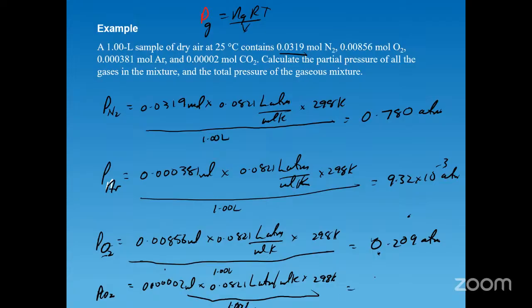And let's see what that gives. 0.00002 times 0.0821 times 298 equals, okay, so according to my calculation, this works out equal to 4.89, actually 5, because it's 1/6 for the 0.0002. So let me correct that.